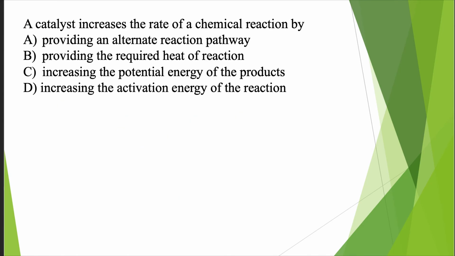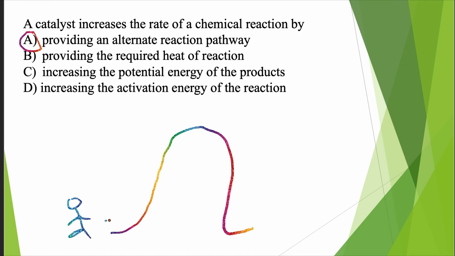Here's another one. A catalyst increases the rate of chemical reaction by, and this is what we were discussing earlier, providing an alternate reaction pathway. So that would be A. Think of it this way. Here's this guy, right? And he's going up this huge hill. Okay? It would take him a lot longer to get over this huge hill versus if we had a tunnel down here that gives you a pathway.